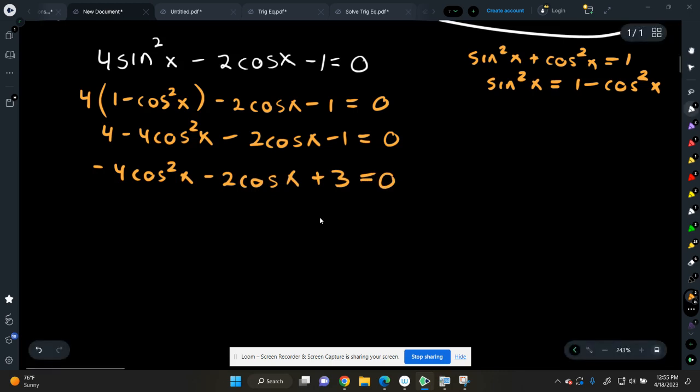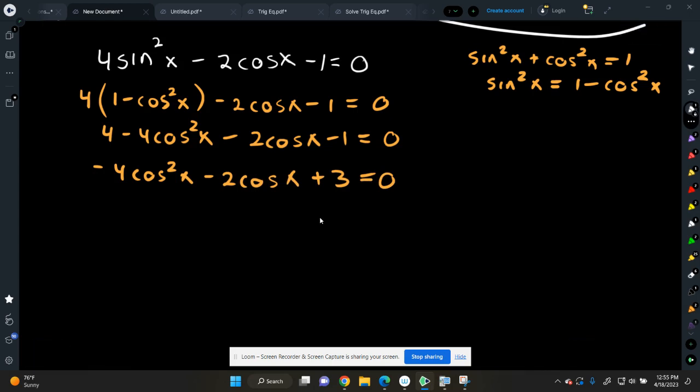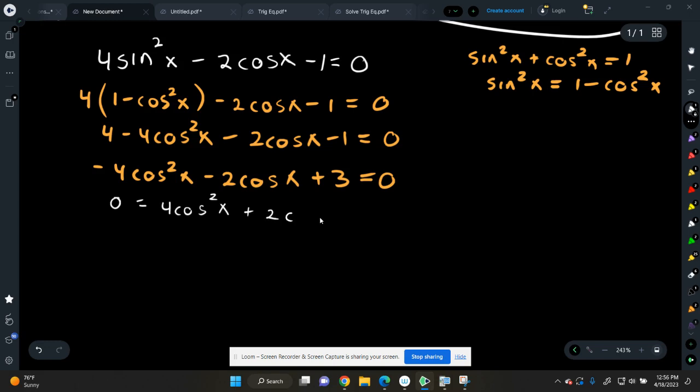Then what? You want to leave that as negative? Because I think factoring it when that leading term is negative can get confusing. I'm going to move everything over. 0 equals positive 4 cosine squared x plus 2 cosine x.